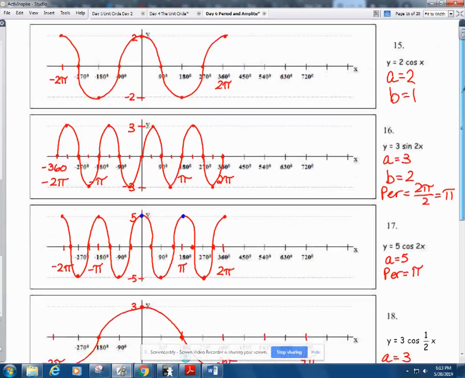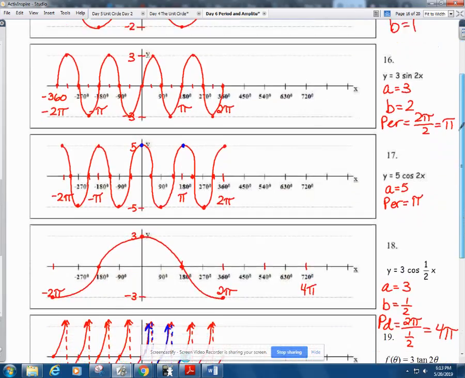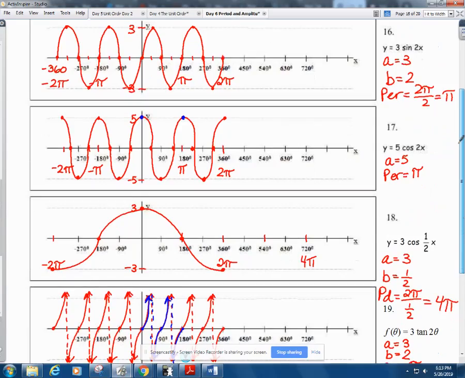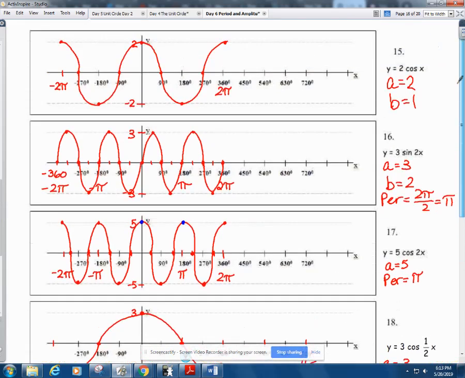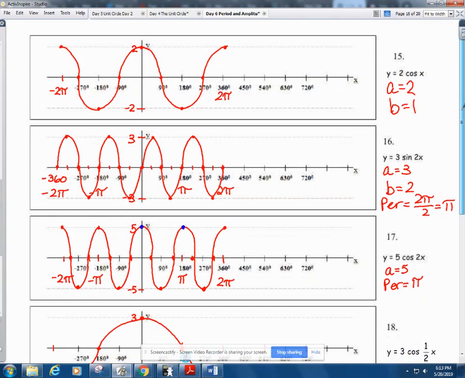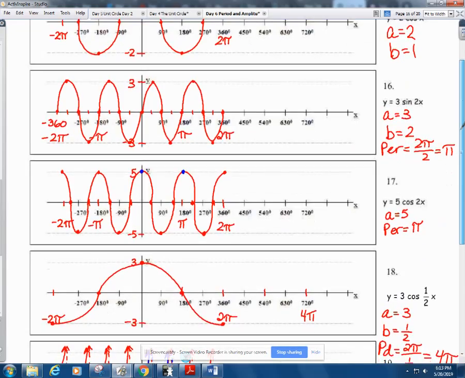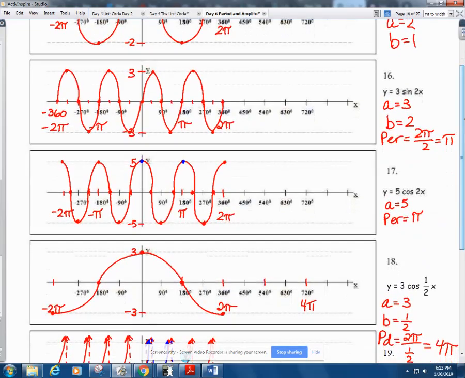I'll just scroll down and you can pause it if you need to. Well, you only need to see up to 18. So 15, 16, 17, 18. All right. That's it for today.